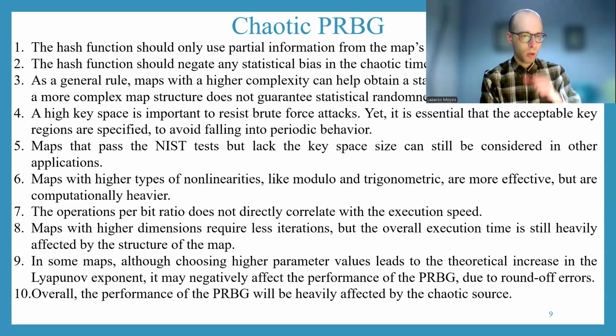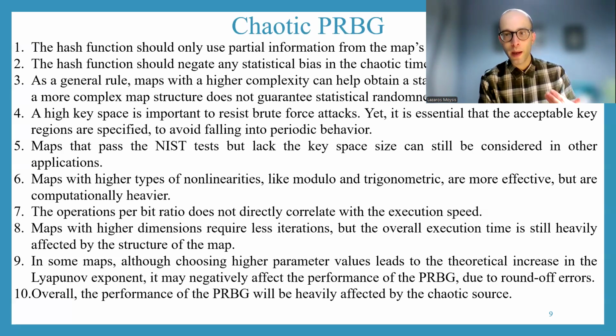Sixth observation, we saw that some non-linearities like the modulo and trigonometric are generally much more effective in having a good PRBG, but they're computationally heavier. So this gives us the seventh observation, which is that the operations per bit ratio, which means how many operations I require to generate a single bit, is a very nice, a very cool indicator, but it's not directly correlating with the speed.